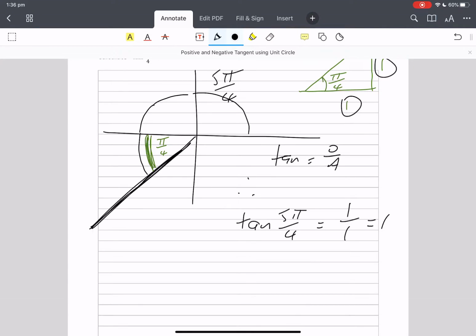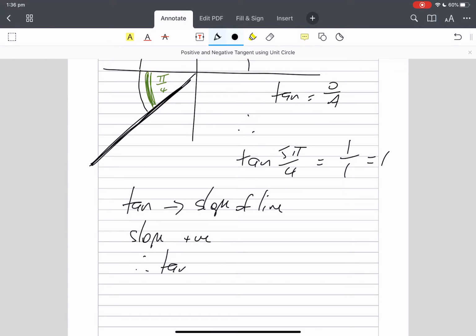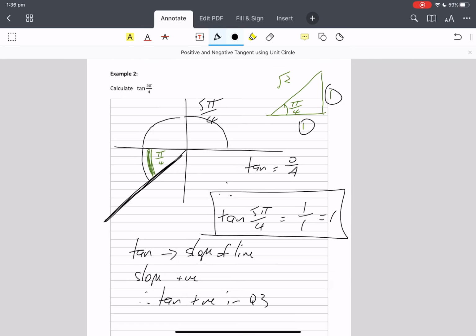And, okay, tan is the slope of the line, slope positive, therefore tan is positive in quadrant 3, so our answer there is just positive 1, so we don't really need to change anything. So what's tan 5 pi on 4? Positive 1.